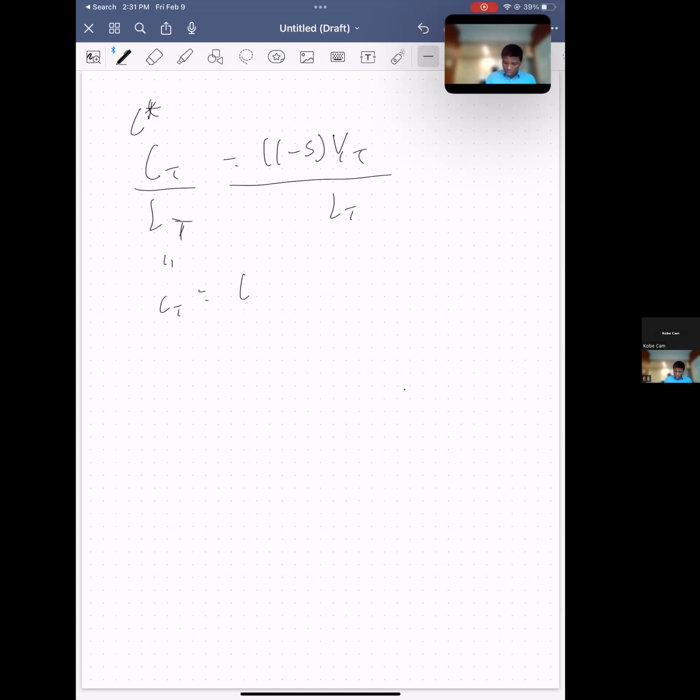And Y_t divided by L_t is, as we already know, output per capita. Well, that makes things easier for us.